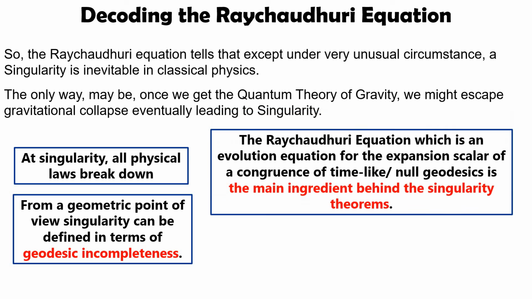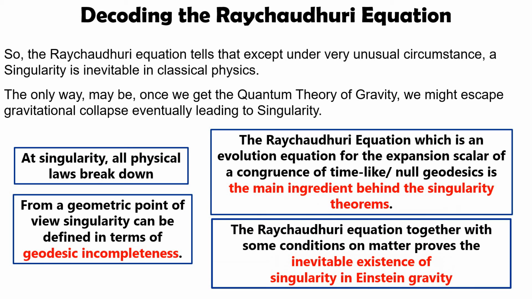We have seen that. Now the Raychaudhuri equation, which is an evolution equation for the expansion scalar of a family of time-like geodesics, or a congruence of time-like or null geodesics, is the main ingredient in the singularity theorem. We will look into why it is the main ingredient.